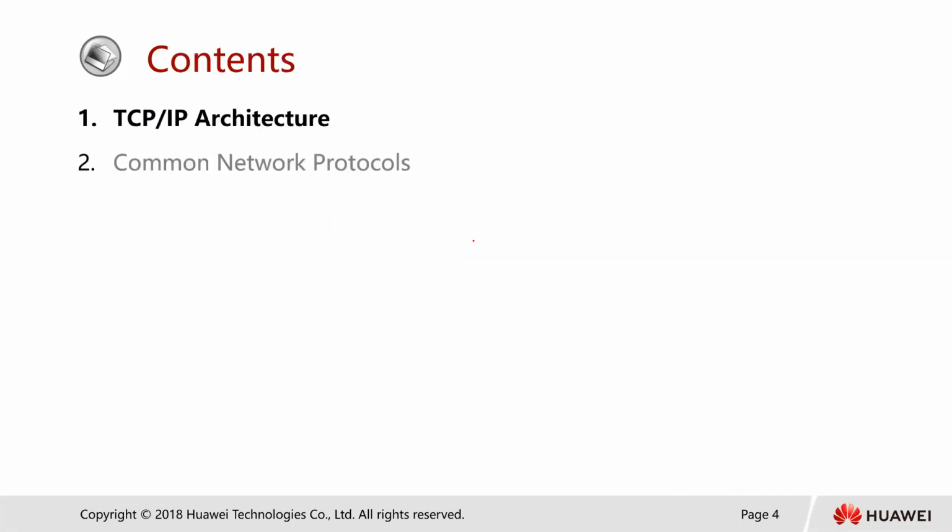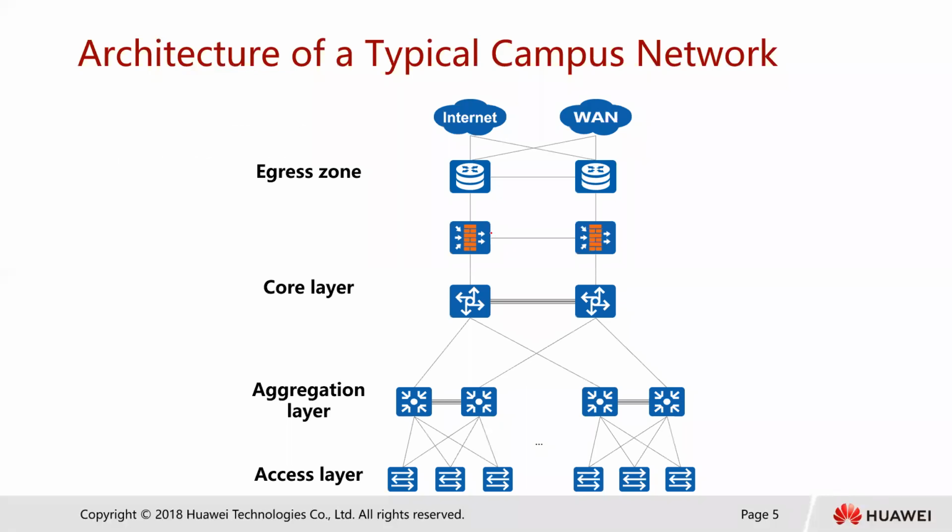So let us look at the TCP/IP architecture, the common architecture at the campus level, university level, or even at an enterprise level. At an enterprise level, network engineers usually design their network in a layered manner to be able to control the network.